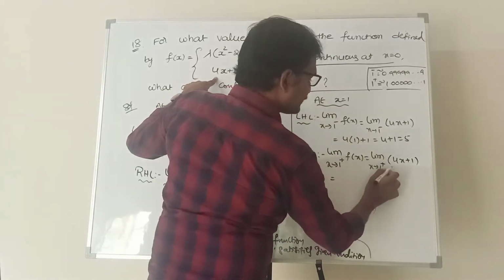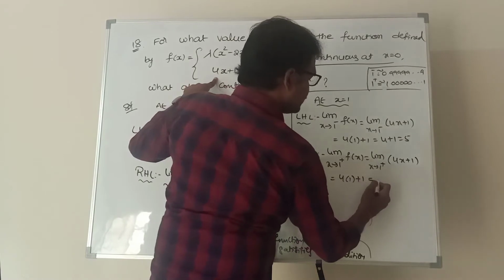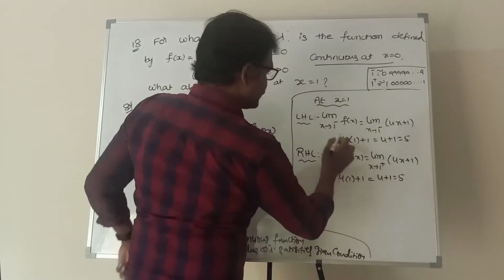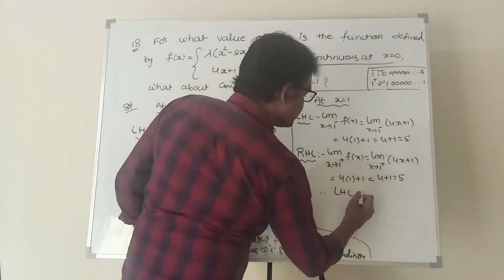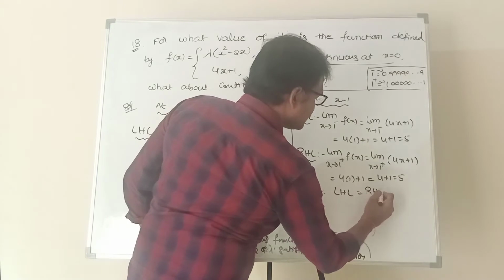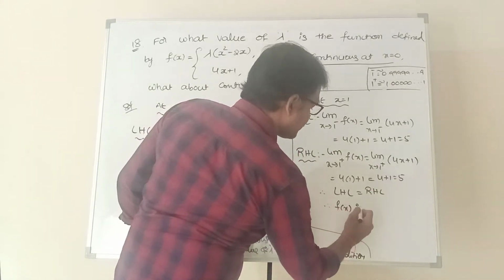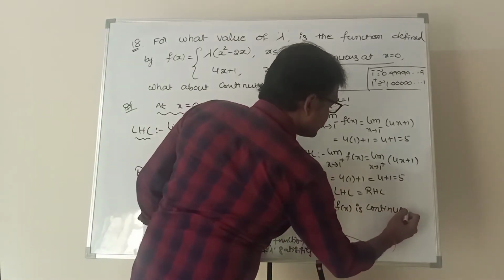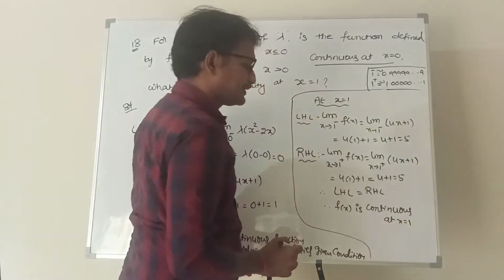The x value is approximately equal to 1. Substitute 1 directly here. 4 into 1 plus 1, 4 plus 1, 5. So LHL is 5, RHL is 5. Therefore the left hand limit is equal to the right hand limit. Therefore f of x is continuous at x equal to 1.